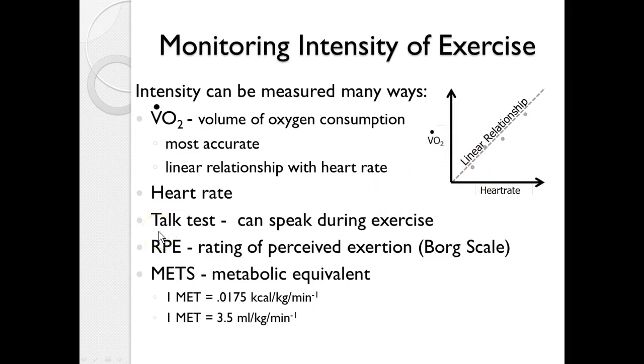We can also use the talk test, RPE, rating of perceived exertion, or Borg scale, or METs, metabolic equivalence. 1 MET is the energy cost at rest. That can be expressed in terms of kilocalories per kilogram of body weight per minute, or milliliters of oxygen per kilogram of body weight per minute. This will be discussed in a different video.